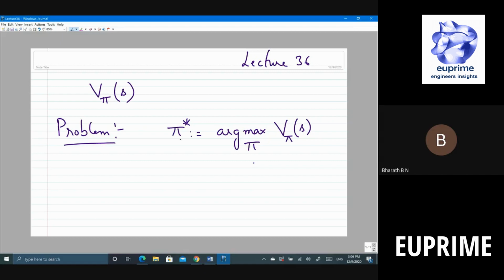Strictly speaking, I should call it pi star subscript S, because it depends on what S is, but I'll not write that. The corresponding value I will write as V star of S, because it depends on the state. So essentially the problem of MDP boils down to finding this policy pi star.